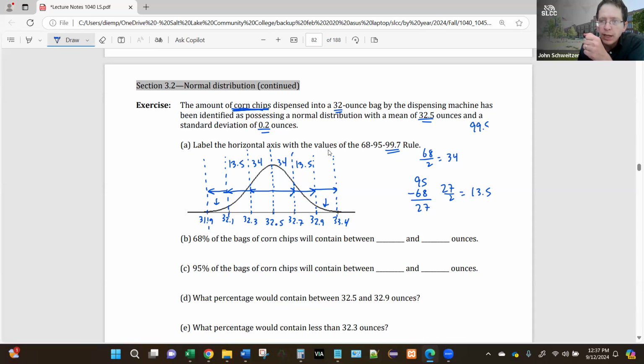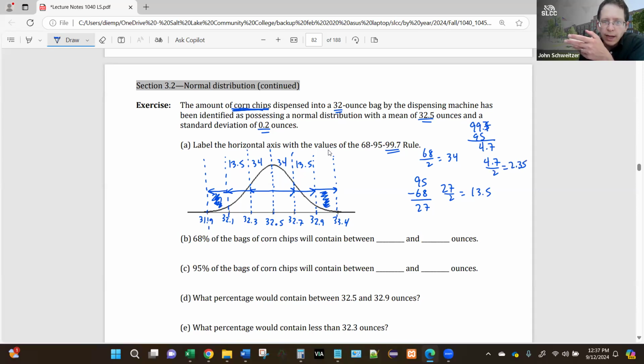So how much more are we picking up? Well, we're going from 95 up to 99.7. So I'm picking up another 4.7% of the population. So 4.7% of the population lies in here or in there, right? So those 2 pieces are the same size. So just like I did with the other 2 numbers, I'm going to divide that in 2.